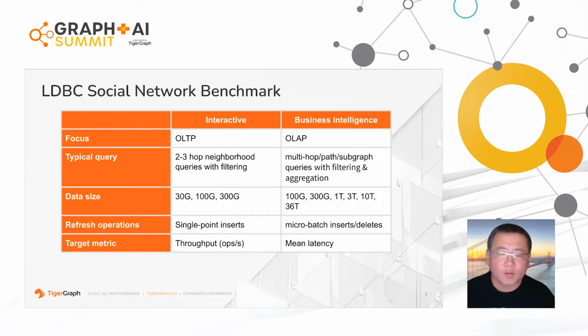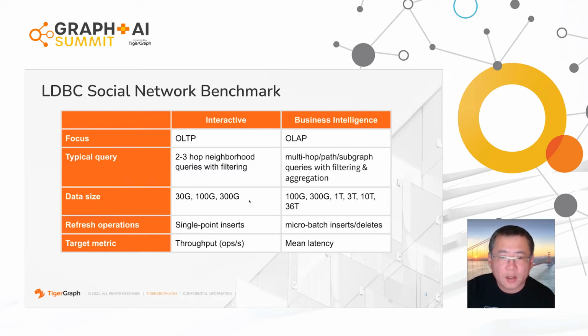In the interactive workload, most of the queries are 2 to 3 hop neighborhood queries with filtering. In the business intelligence workload, the queries are more complex, and they target multi-hop, including path queries and subgraph queries with filtering and aggregation.